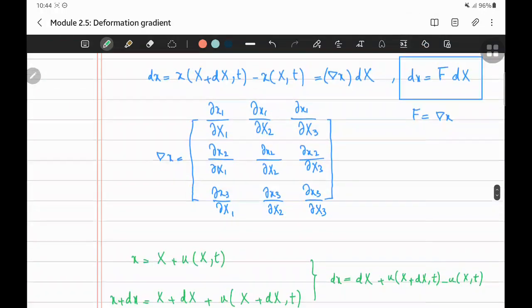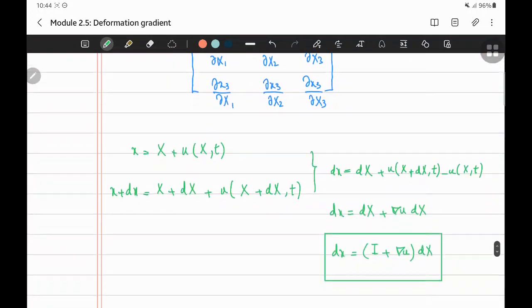So far, we saw these two representations. We also call this F, because it is also a second order tensor which transforms your reference configuration to the current one, and if you put F inverse here, you get your current configuration back to the reference configuration.